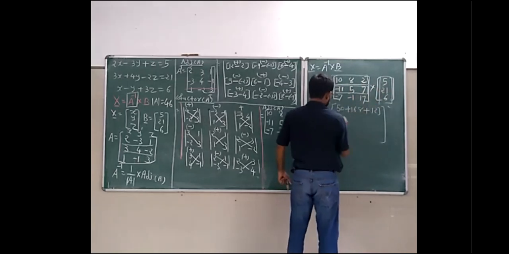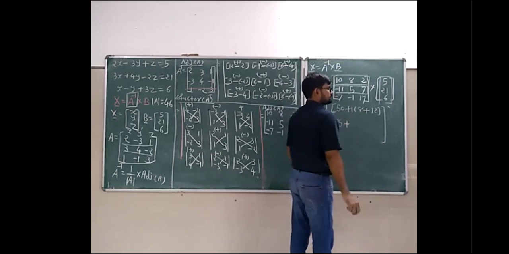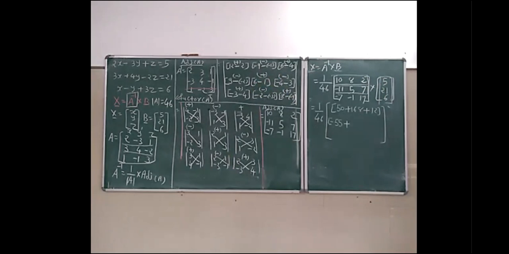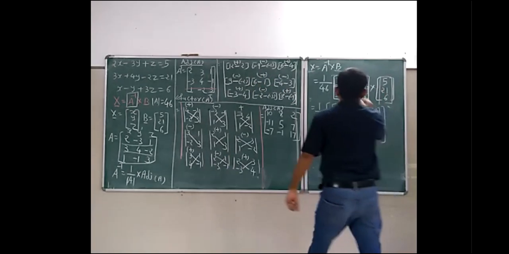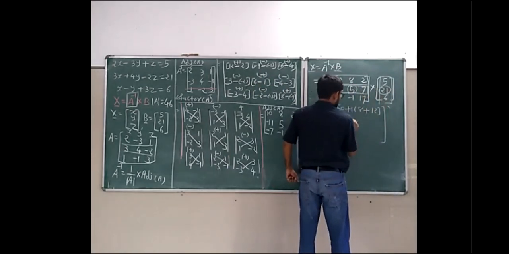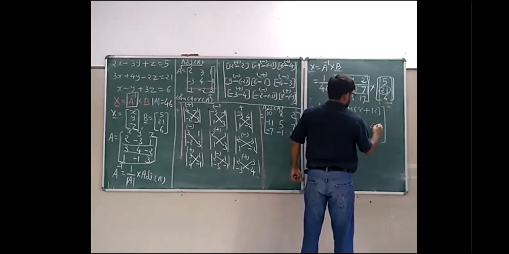First into first, plus minus minus, 55. Plus then second element into second element, 5 into 21, 105. Plus third into third, 6 sevens are 42.